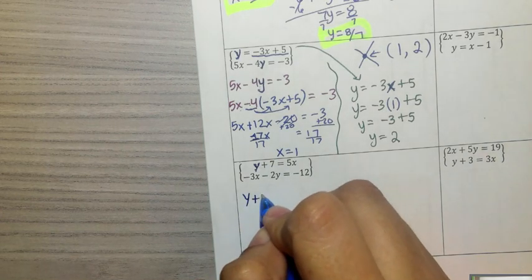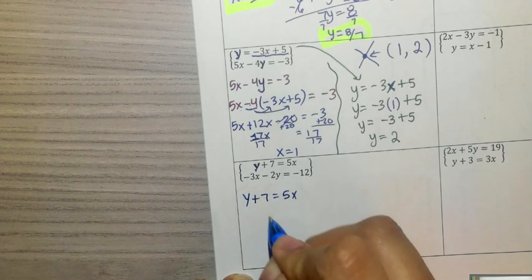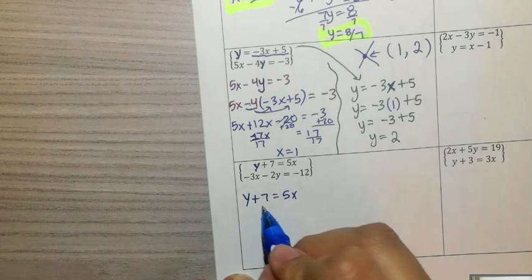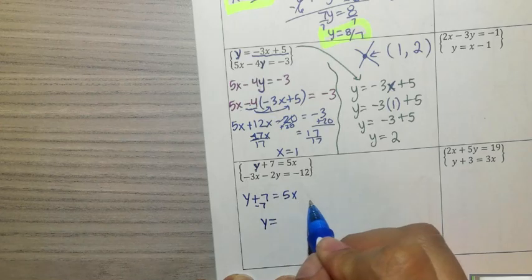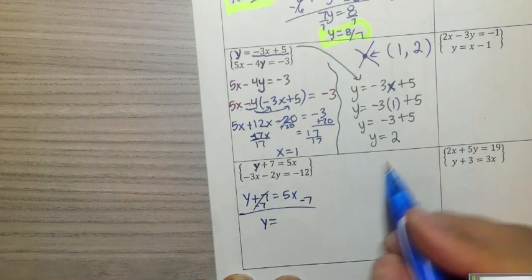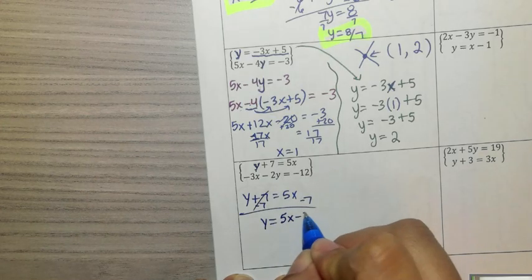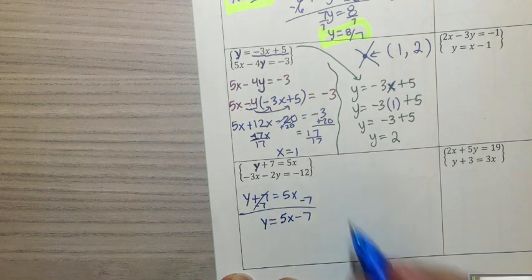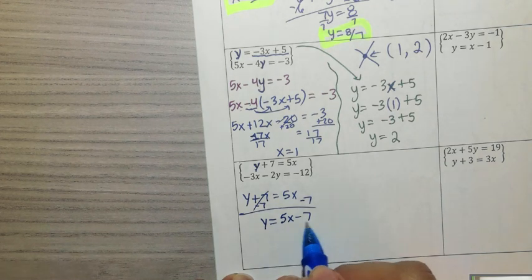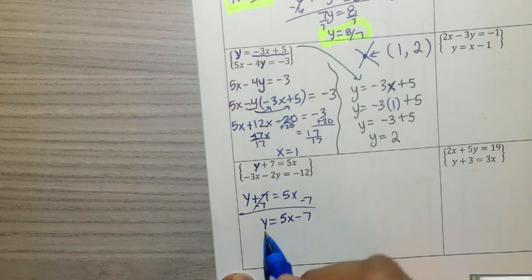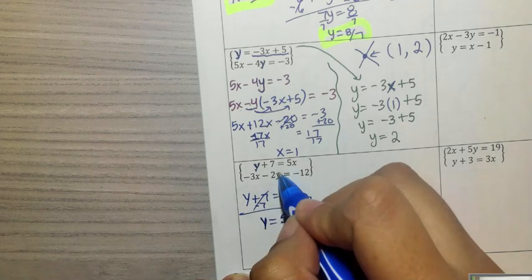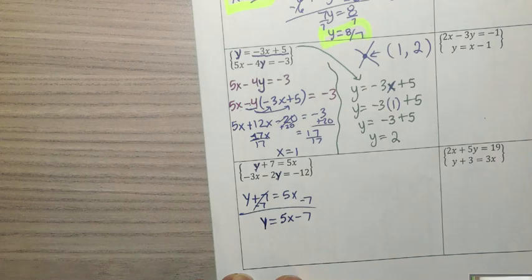So let's do that. We're going to rewrite this as y equals. That means we need to move the 7 by subtracting 7 on both sides. It cancels, and you end up with 5x minus 7. So this expression of 5x minus 7 will substitute for the y value in the other equation.